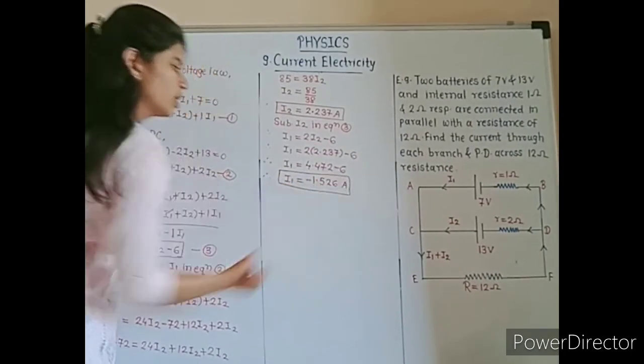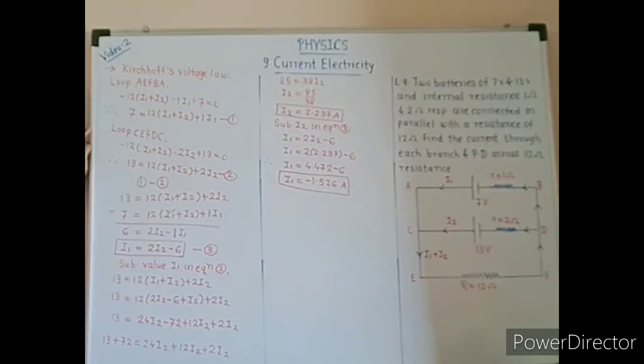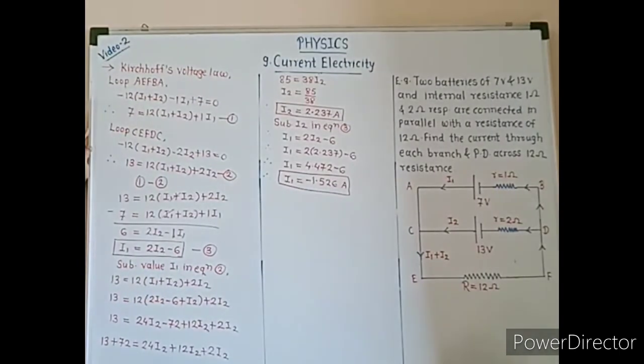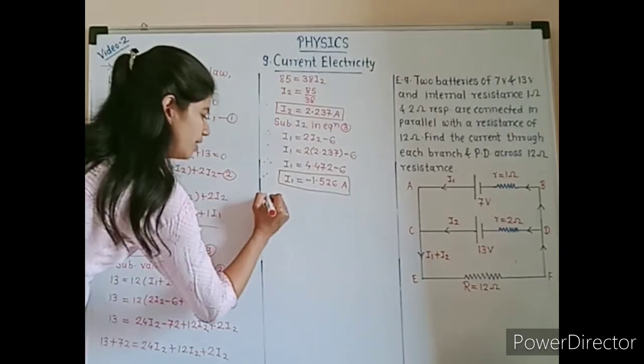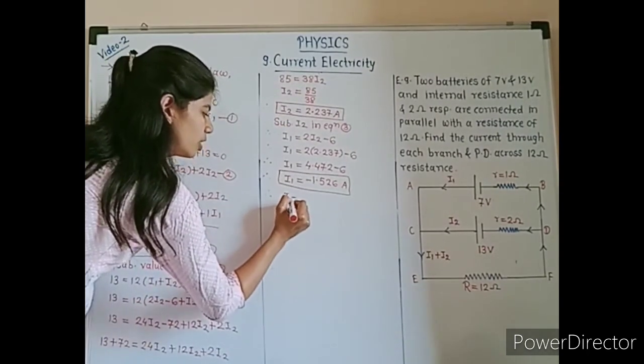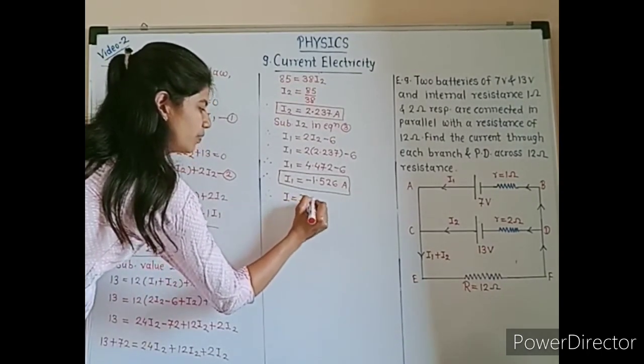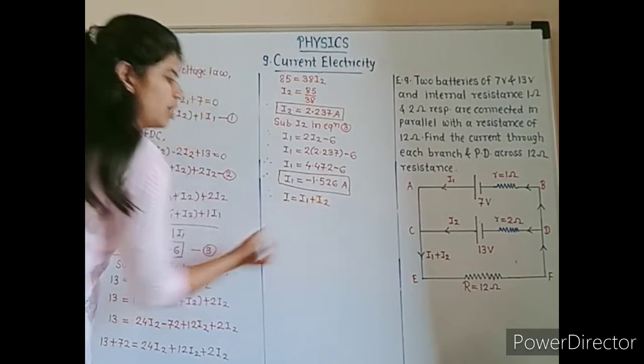Now we have to find the total current flowing through the circuit. The total current I is equal to I1 plus I2.